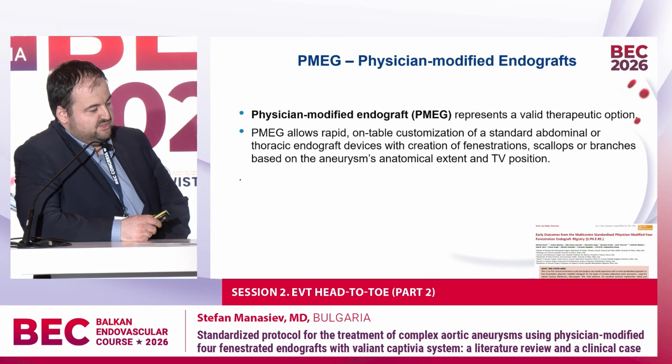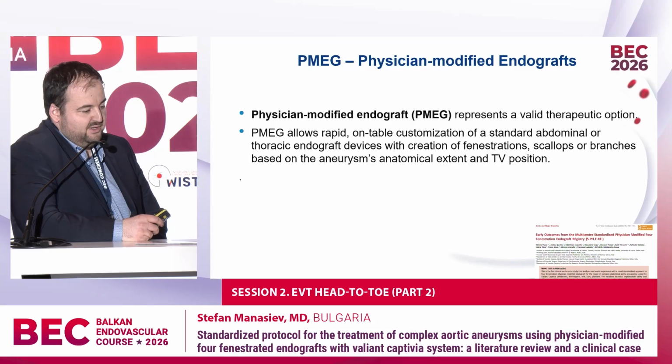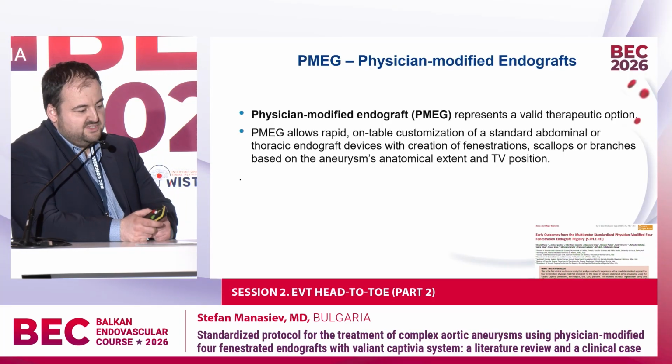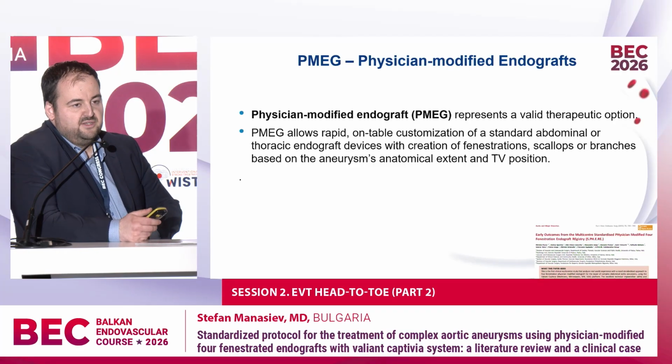PMEG, physician-modified endograft, represents a valid therapeutic option. PMEG allows rapid on-table customization of a standard abdominal or thoracic endograft, with the creation of fenestrations, scallops, or branches based on the aneurysm anatomical extent and target vessel position.